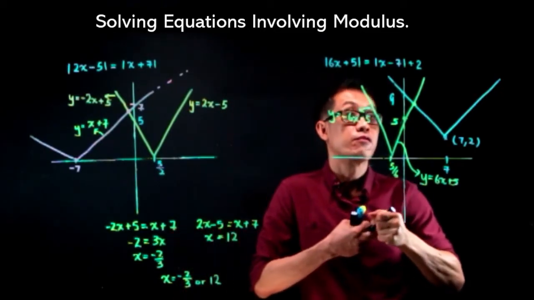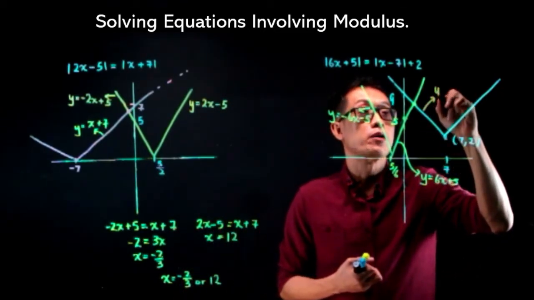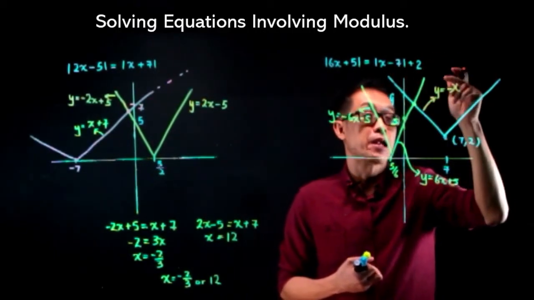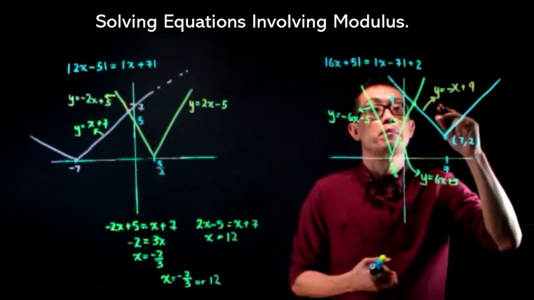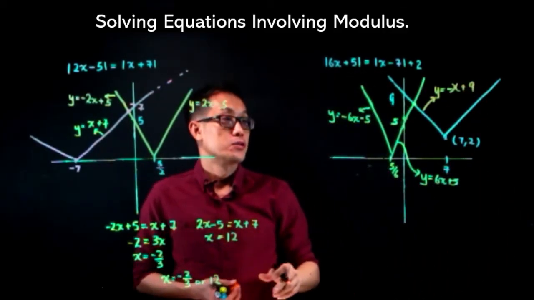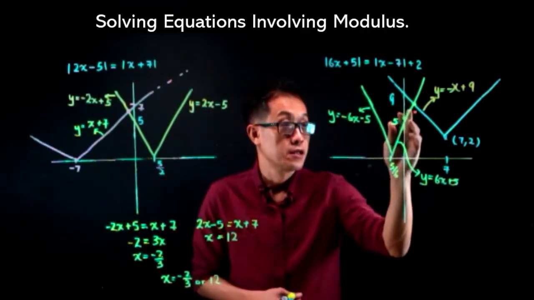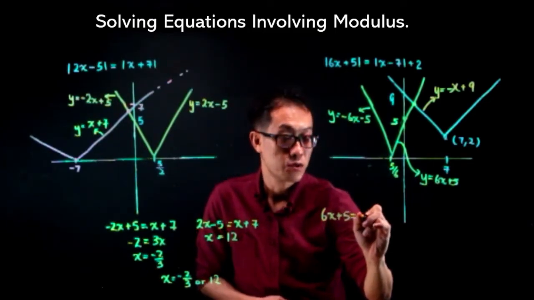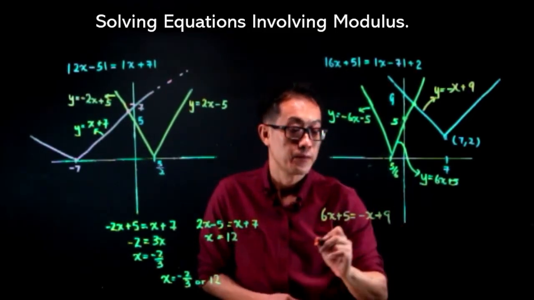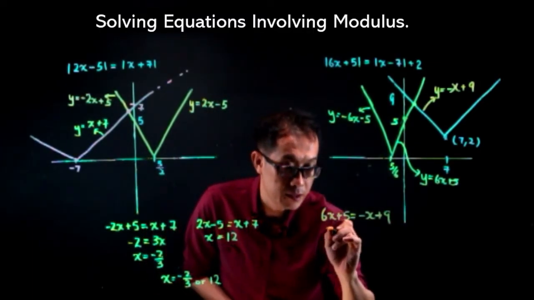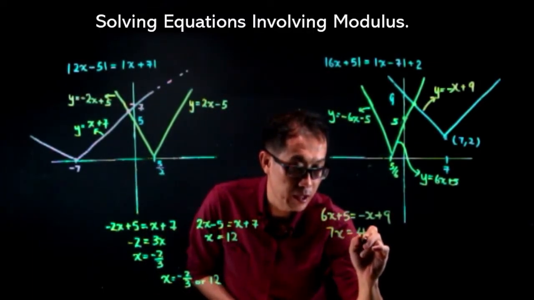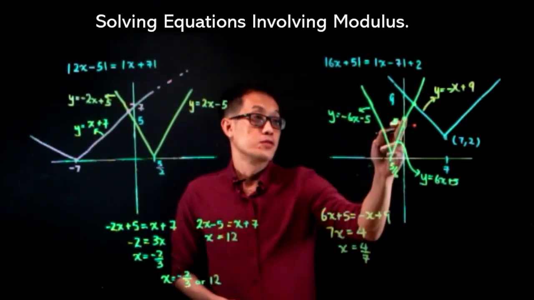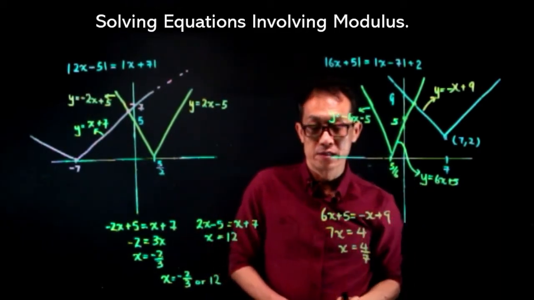So the equation for this graph will be y equals minus x plus 7 plus 2, so it's minus x plus 9. So let's find the intersection of this one. It will be 6x plus 5 equals minus x plus 9. Then you get 7x equals 4. So x equals 4 over 7. So this point here is 4 over 7 for x.